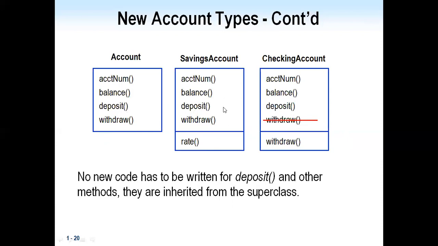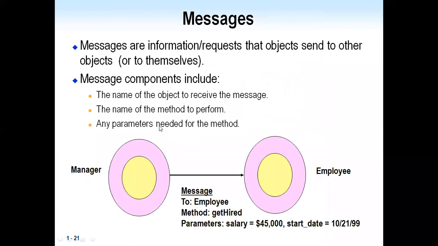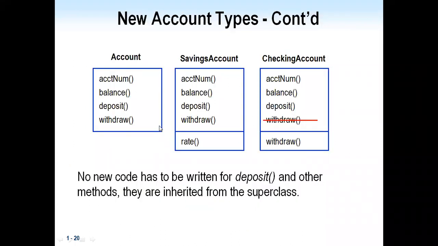These two subclasses use the methods of the superclass. This is called inheritance: the relation between the parent class and the subclass is defined in the inheritance concept. So this is another element of inheritance.